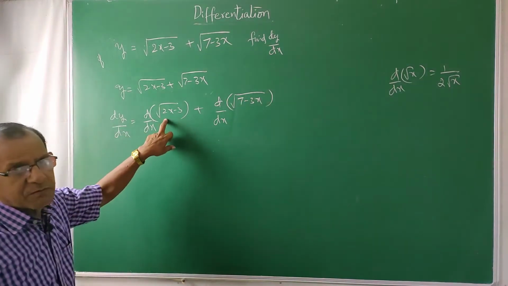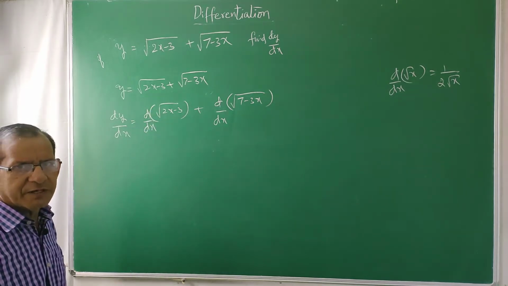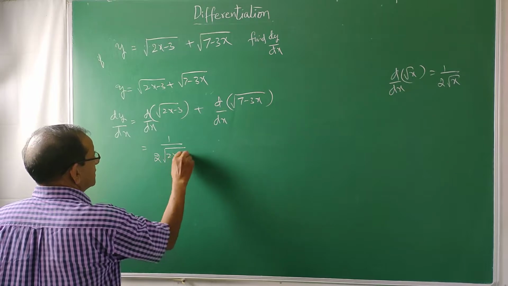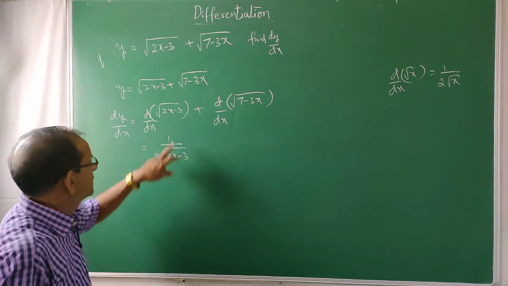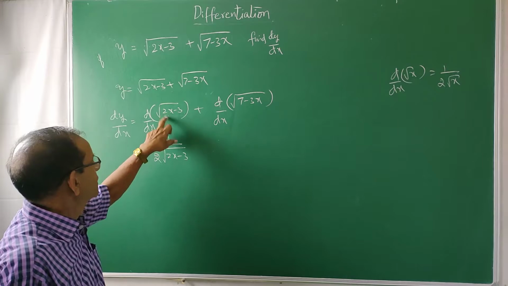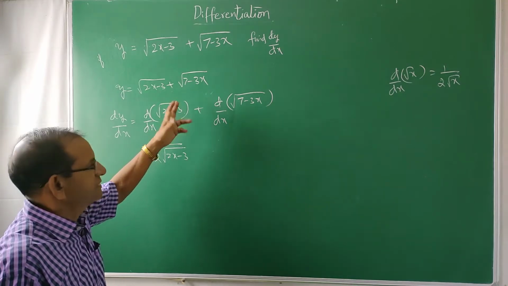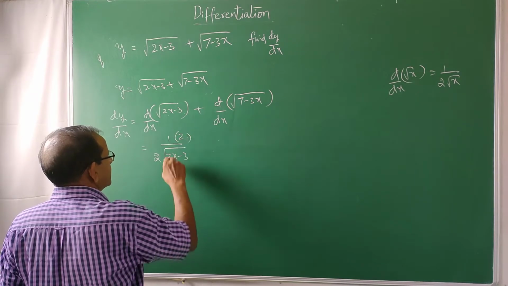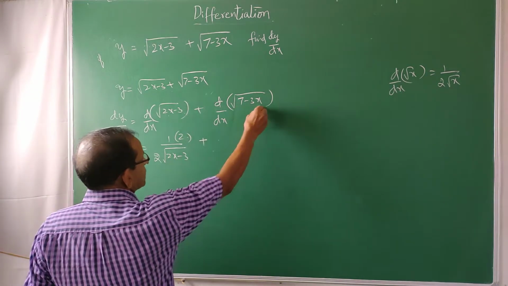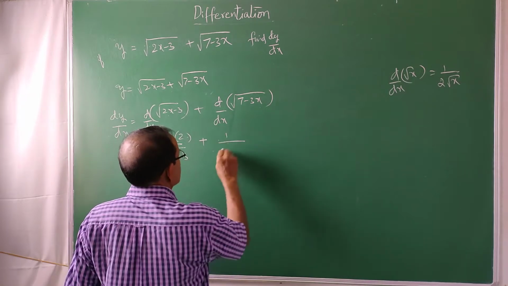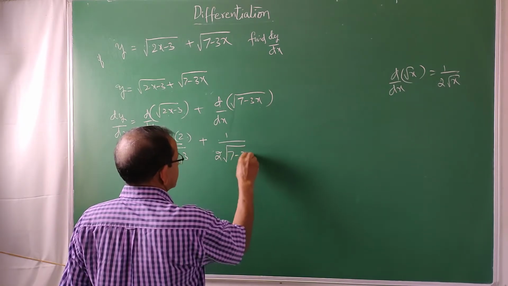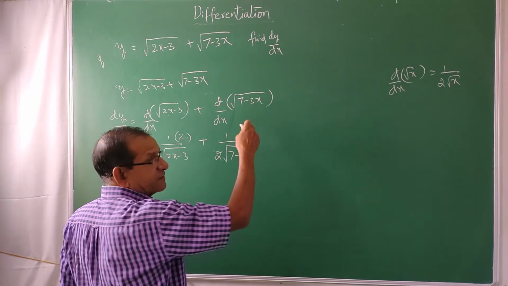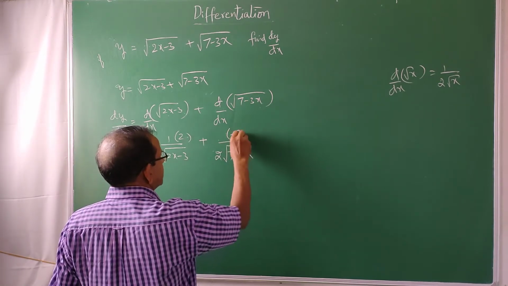So, it is in the form of root of f(x). So, I have to write 1 by 2 root f(x) into the derivative of f(x). That means the derivative of 2x minus 3. 2x derivative is 2 into 1, 3 derivative is 0, so that is 2, plus here also 1 by 2 root of 7 minus 3x into the derivative of 7 minus 3x. 7 derivative is 0, 3x derivative is 3, minus sign is there, so it is minus 3.